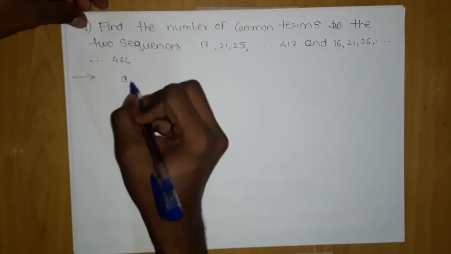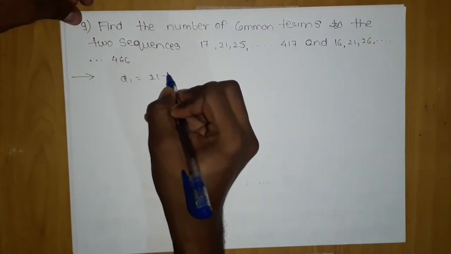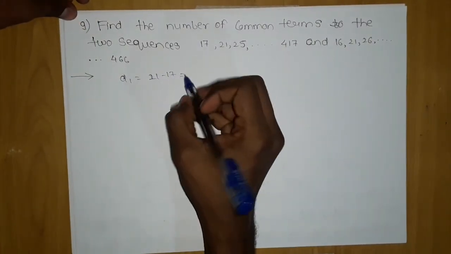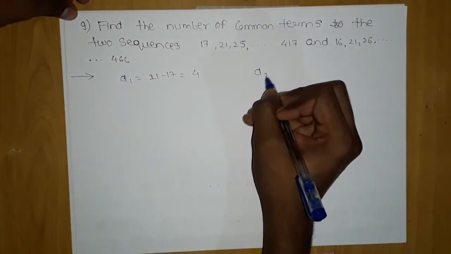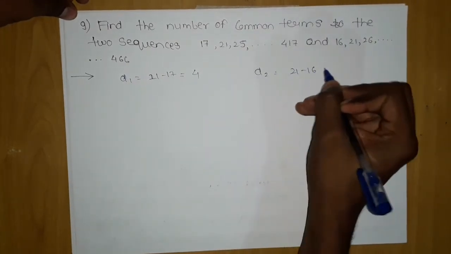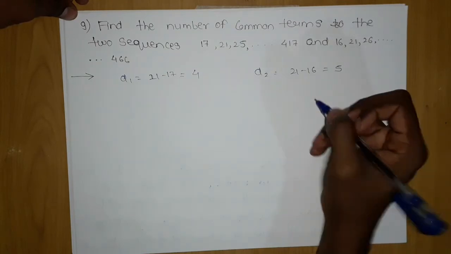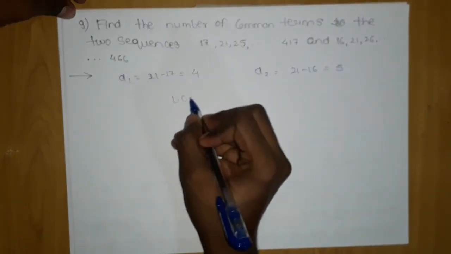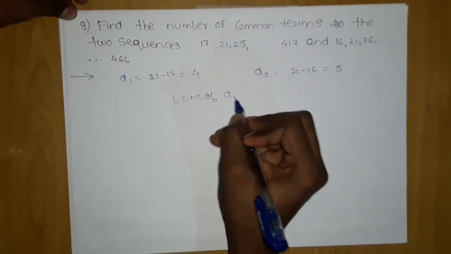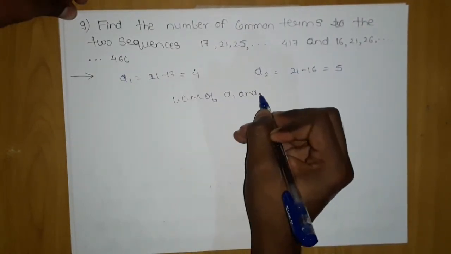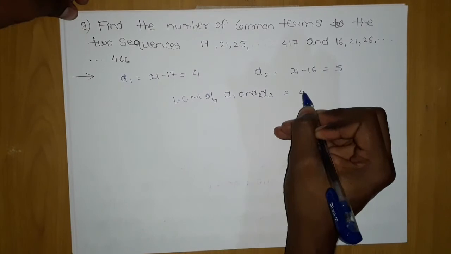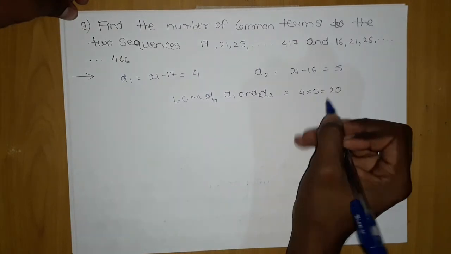The first, d1, is 21 minus 17, which is 4, and d2 is 21 minus 16, which is 5. So the LCM of d1 and d2 is 4 into 5, 20. The LCM is 20.